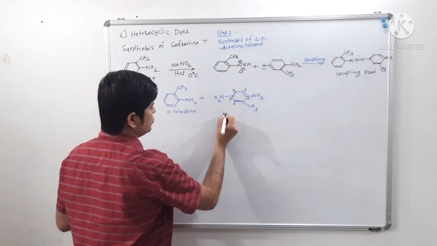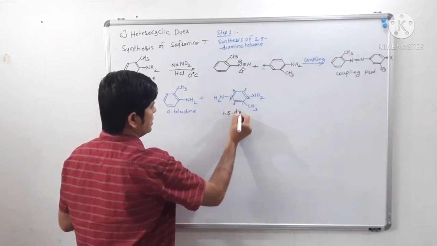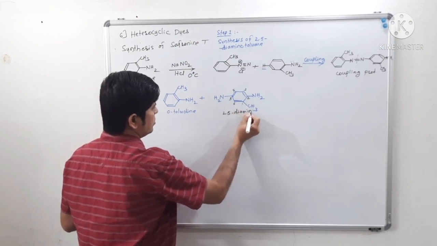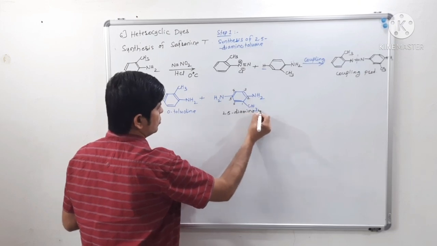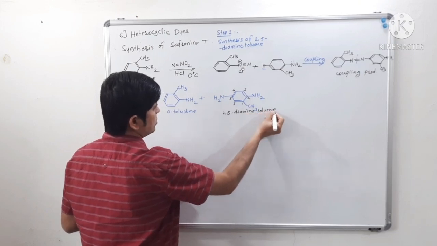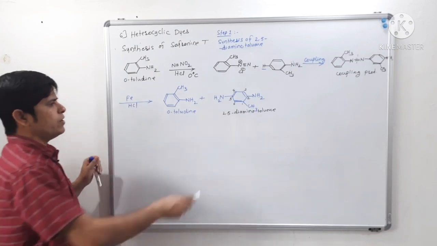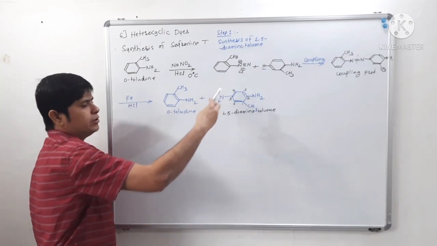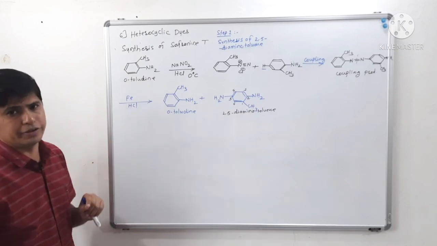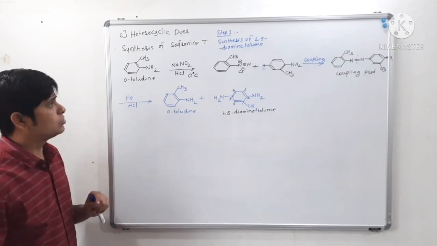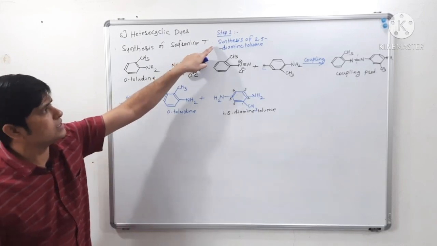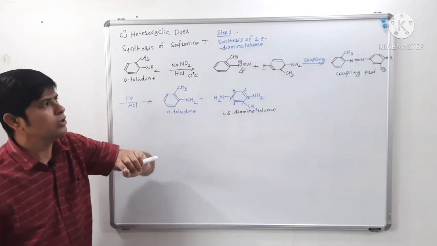It is 2,5-diaminotoluene. In this way we have synthesized 2,5-diaminotoluene from orthotoluidine. So this is step 1, synthesis of 2,5-diaminotoluene.